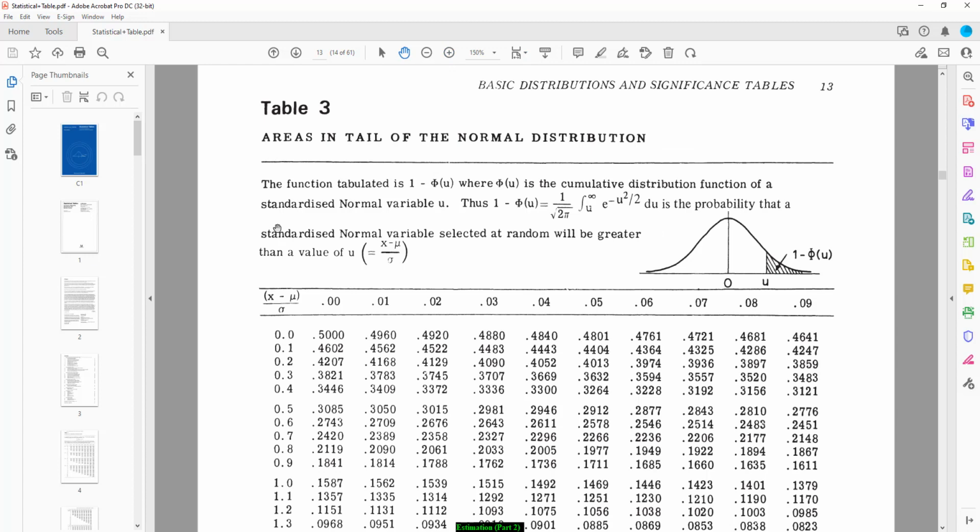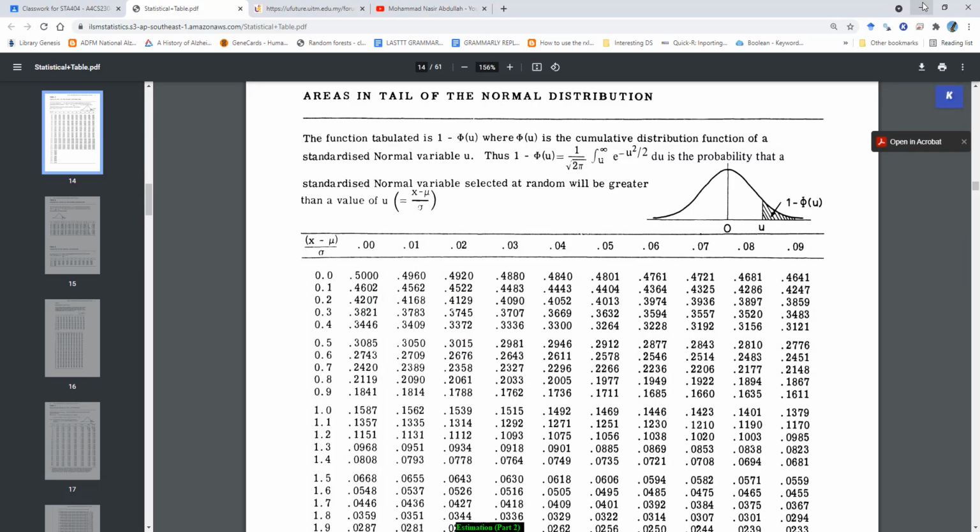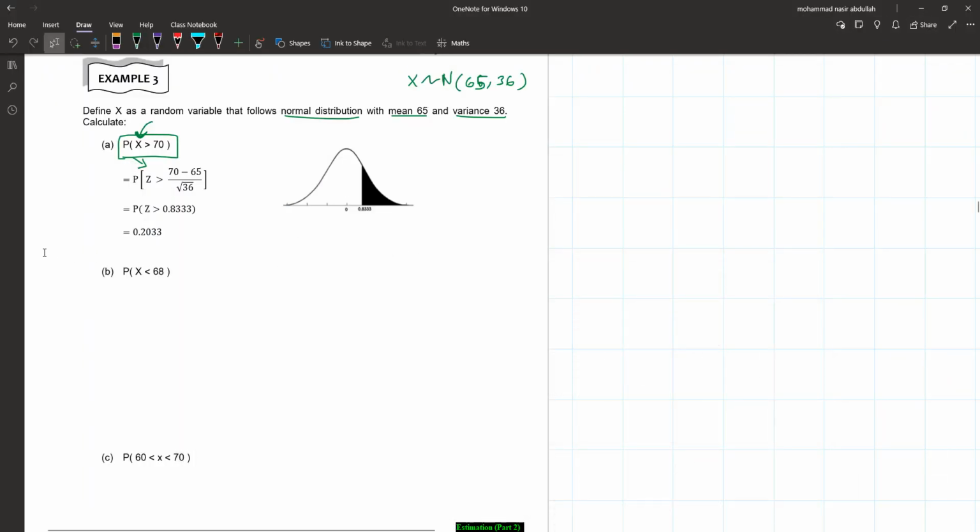That's why we need to convert to the Z distribution.